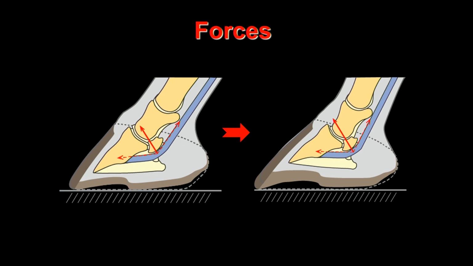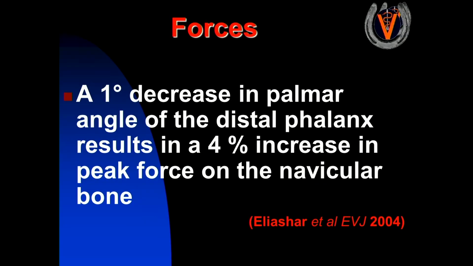Look at the increased force on the navicular bursa and the structures, and look at the abnormal position of the joint. So a 1 degree decrease in palmar angle results in a 4% increase in pressure.